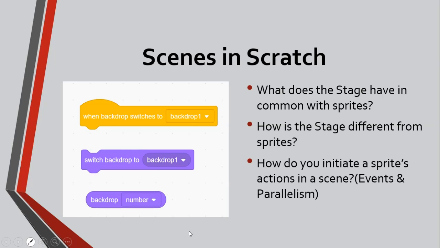So choose the backdrops, either from what you have in the Scratch platform, or you can upload your own backdrop. The same way you upload the sprites, you can take photos of your environment and upload them, or draw your own environment and then upload it as a backdrop, not as a sprite.